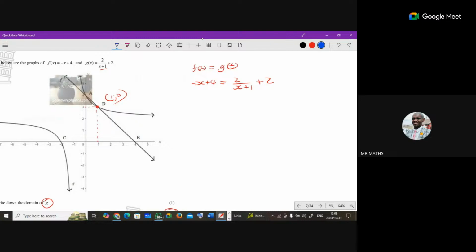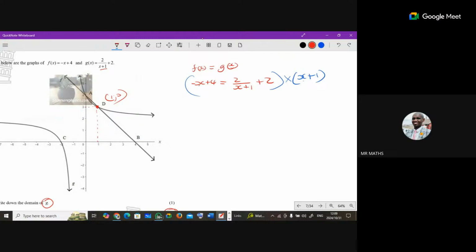For me, in order to solve for x, I'm not comfortable having x in a denominator. So what I will do is get rid of the denominator by multiplying everything by it. So it's going to be x plus 1 multiplied by this side. So x multiplied by x, -x.